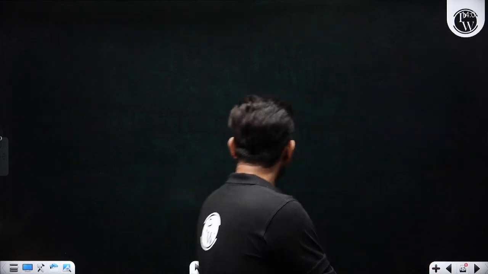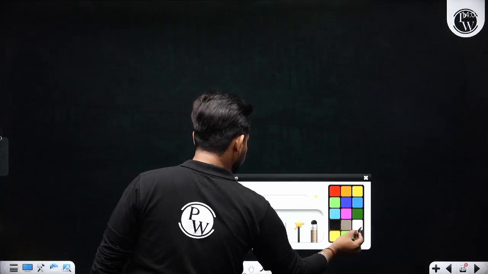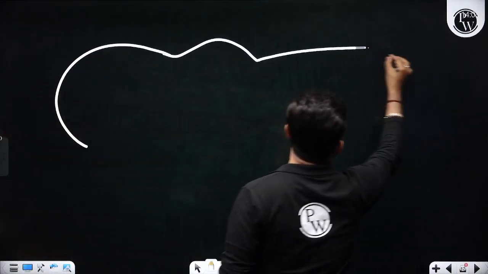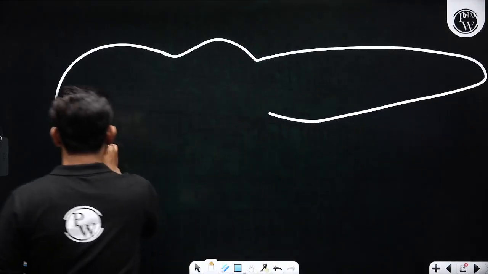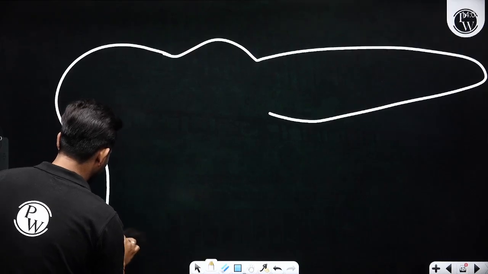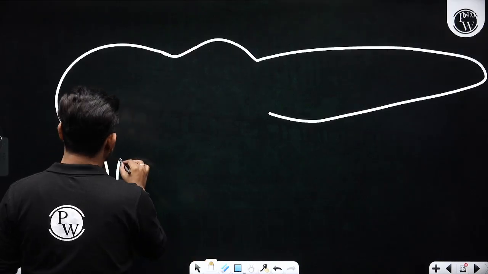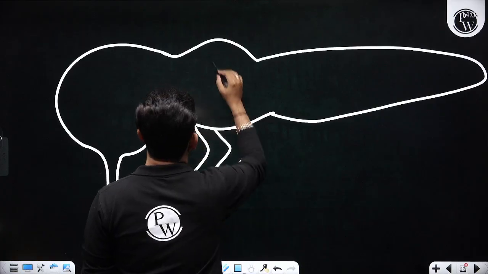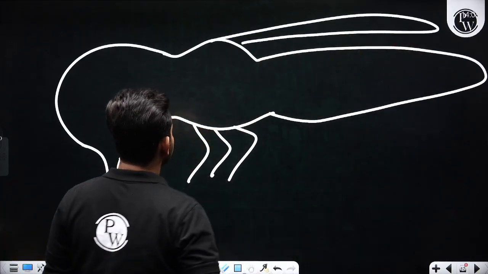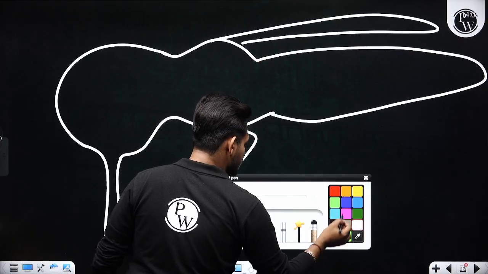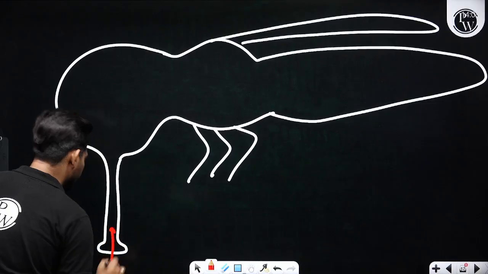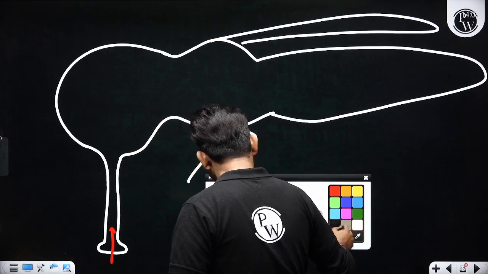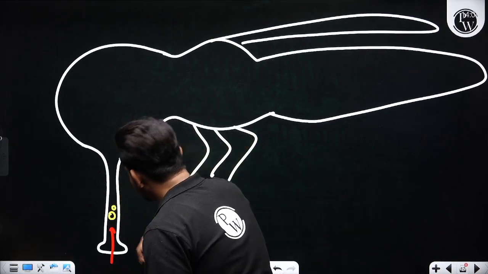Now what's happening inside the mosquito body? So if this is the body of the mosquito, when it's sucking blood from that infected human, it will suck up the gametocyte stage.